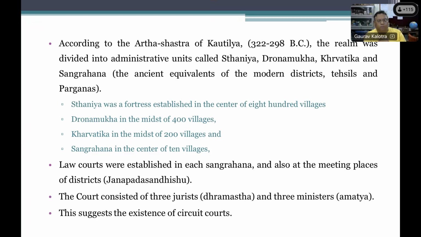Then there was Dronmukh, which was in the midst of 400 villages. Kharvatika in the midst of 200 villages, and Sangrahan in the center of 10 villages. Law courts were established in each Sangrahan and also at the meeting places of districts, which were known as Janpad Sandhishu.